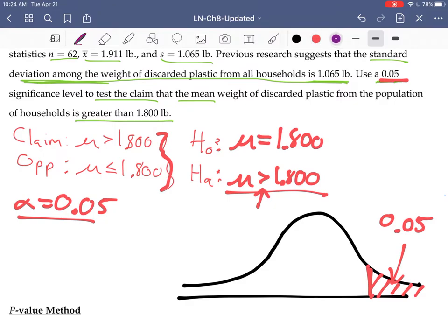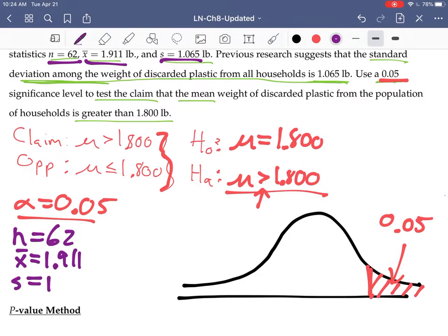Then the other values that we are given in this problem is a sample size n is 62, sample mean x bar 1.911, s sample standard deviation is 1.065. And then they also tell us that the standard deviation among all households, so that is sigma, is also 1.065.